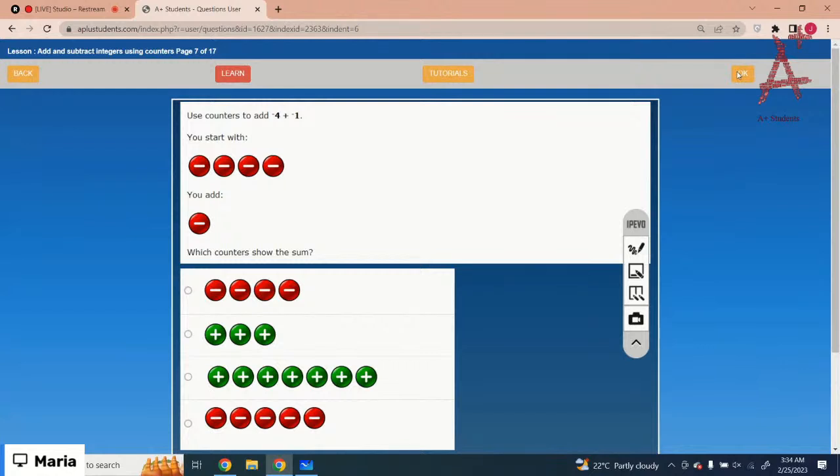It would be -4 minus 1, which is -5. So the correct option is -5. Option number 4 is the correct option.